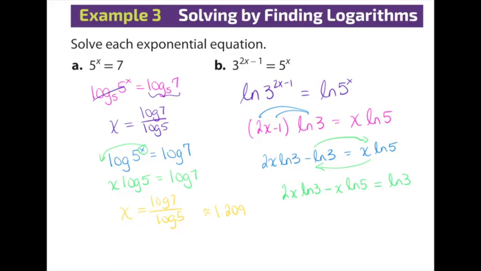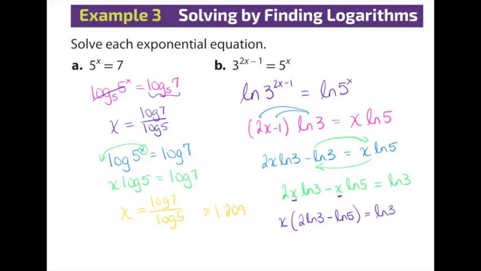And now, hopefully you can see I can factor this guy out. There's an x for both of them, right? And so I can take an x out, and I have x times (2 ln of 3 minus ln of 5) equals ln of 3. And then you can just divide, all right? So divide both sides by that group.